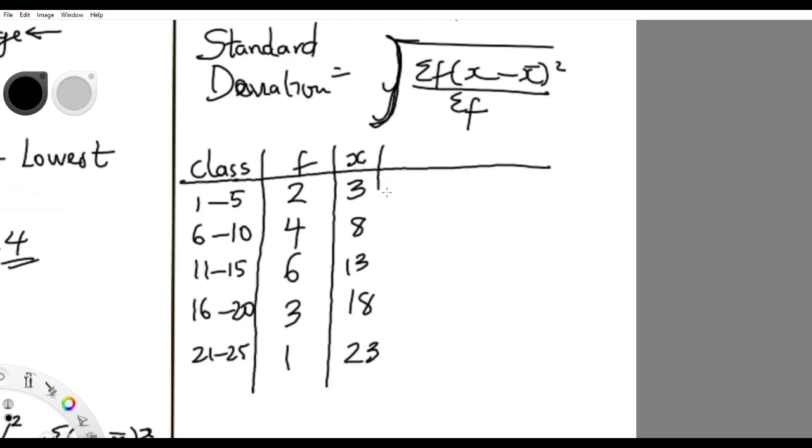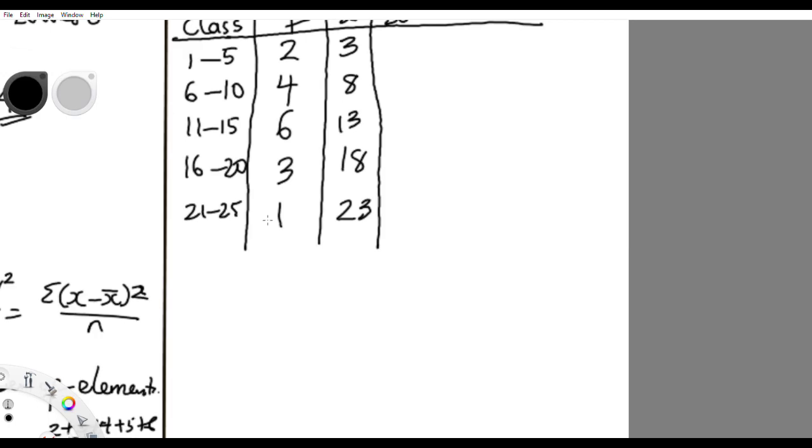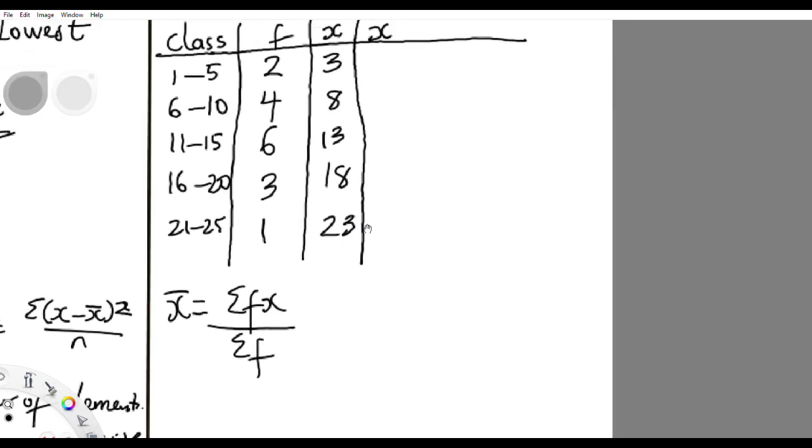Now we need to get the x bar. Do we still remember the mean for grouped data? Summation fx all over summation of f.